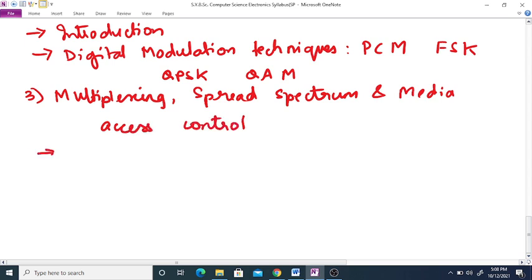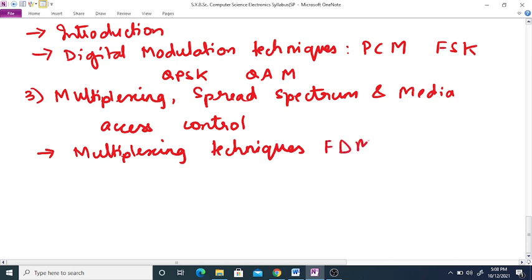The subtopics here are multiplexing techniques, that is frequency division multiplexing, wavelength division multiplexing, time division multiplexing.